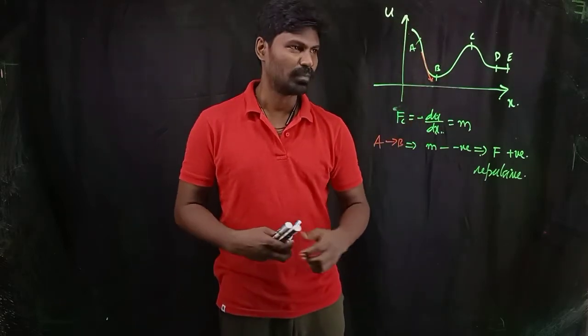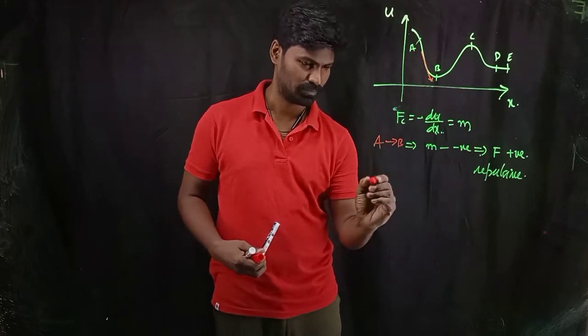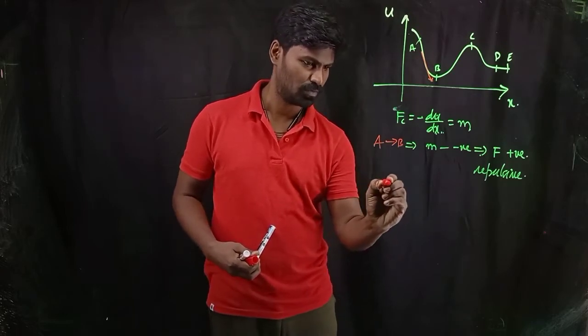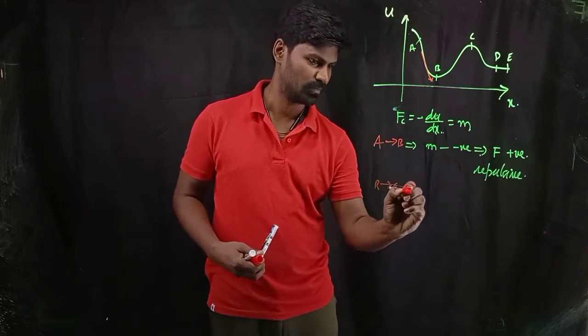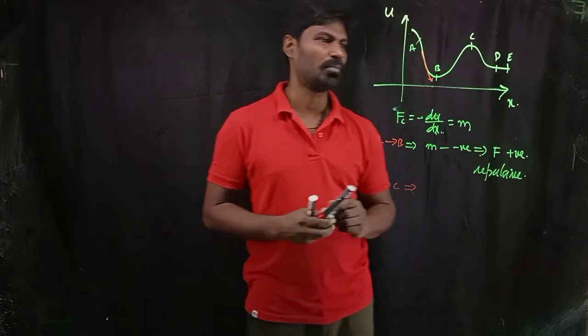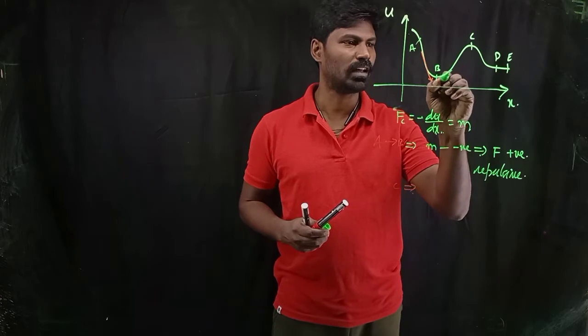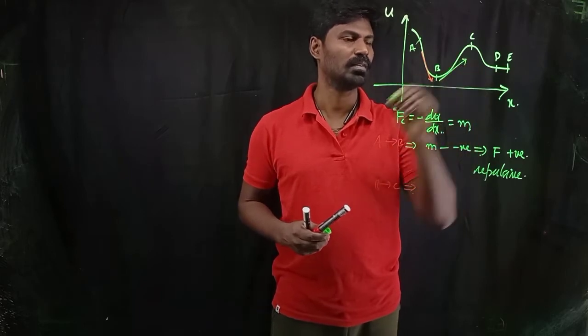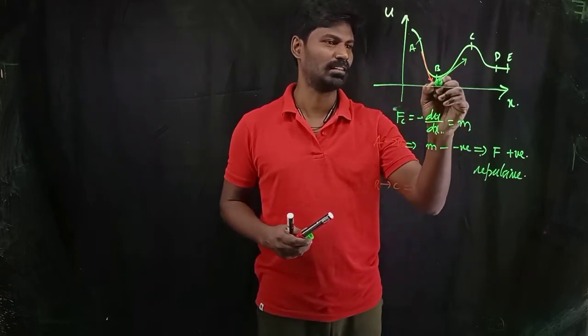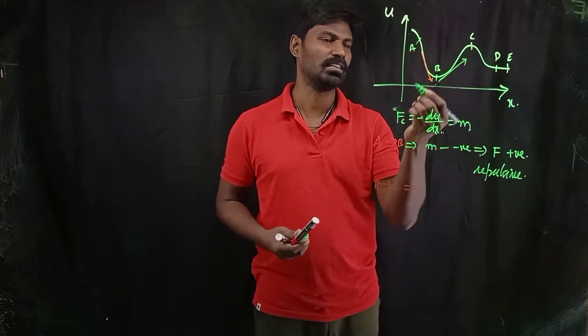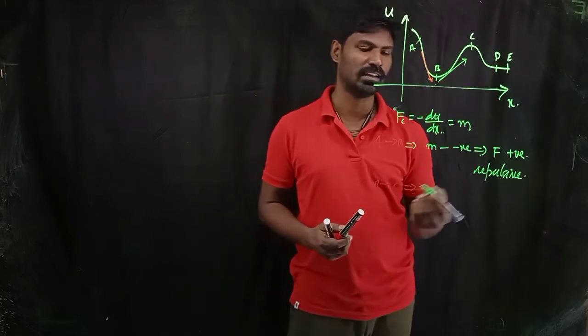Next, I am considering the interval B to C. So what is the slope from B to C? If you consider a tangent at an arbitrary point like this, the slope is positive because the angle subtended by it with the x-axis is theta, which is less than 90 degrees.